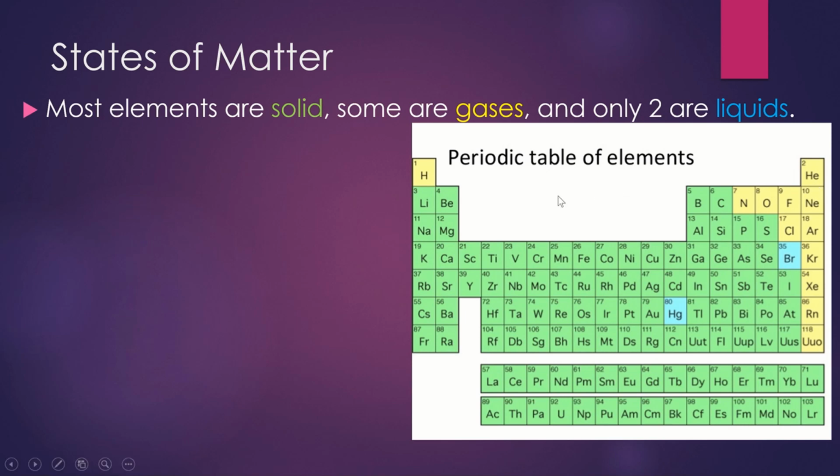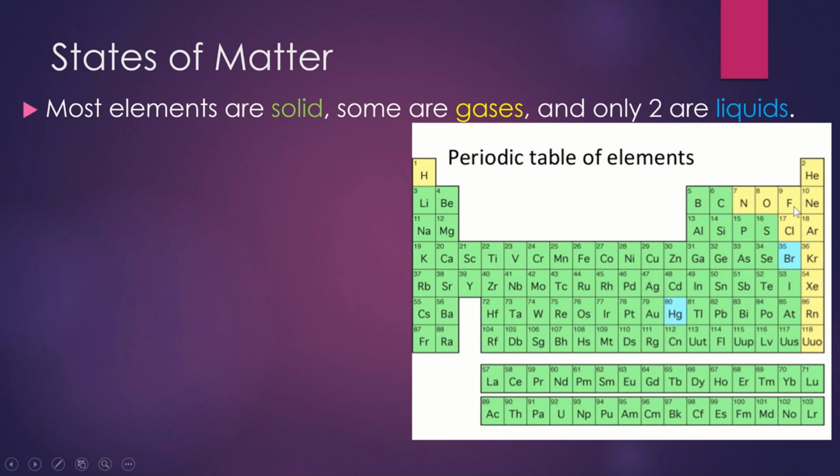Some of the more common elements you'll see occurring in reactions are hydrogen, nitrogen, oxygen, fluorine, and chlorine. Those 5 are also gases. And again, you'll do well to memorize them. You're probably already familiar with the fact that hydrogen, nitrogen, and oxygen are gases. If you have any doubt about that, take a deep breath. You just inhaled a whole bunch of gaseous hydrogen, nitrogen, and oxygen.